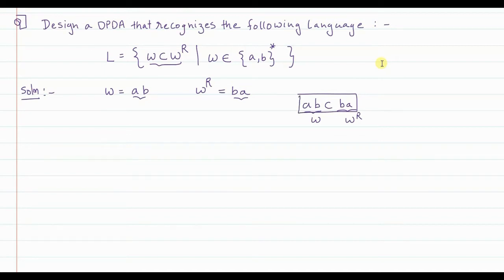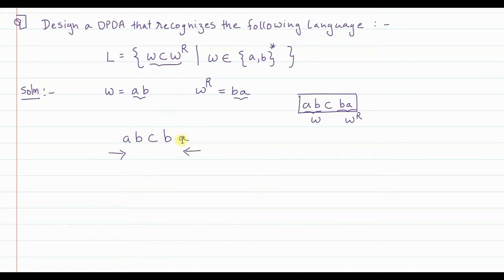Now let us analyze this string. The string is ABCBA. Now you read the string from this side. When you read the string from left to right, it is read as A B C B A. Now you read the string from right to left.